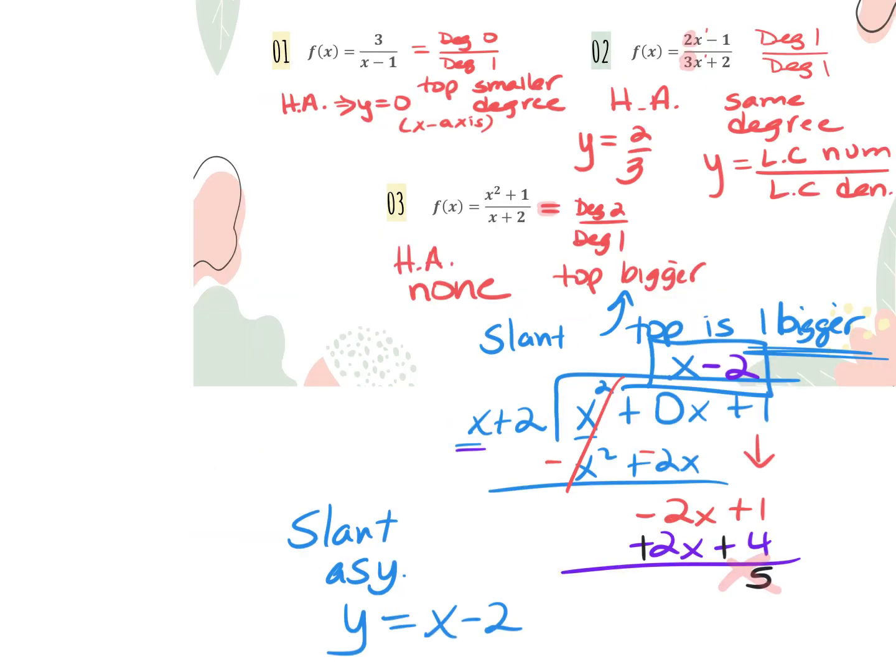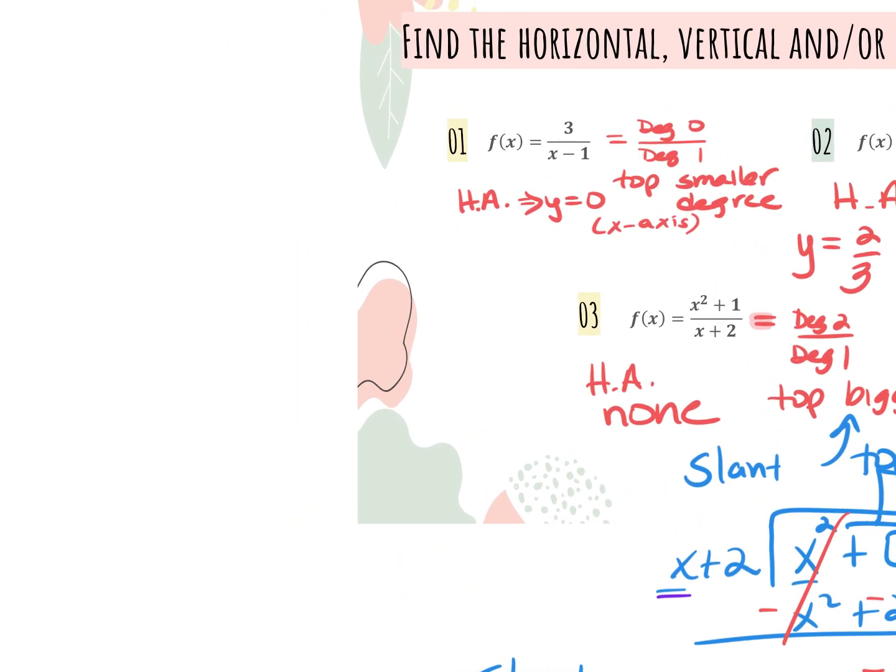So remember, for the vertical asymptotes, what we need to do is first simplify the fraction if you can. If you can't, all you do is set the denominator equal to 0. So for number 1, I can't simplify anything here.